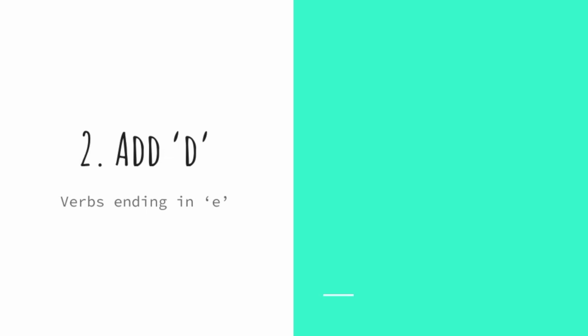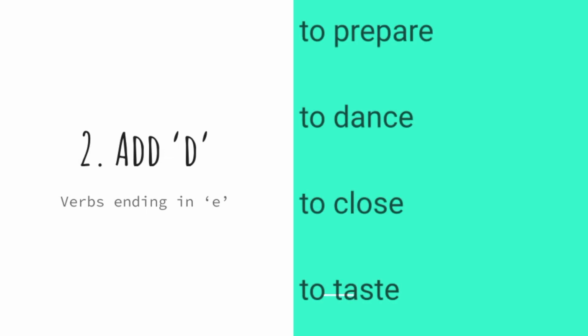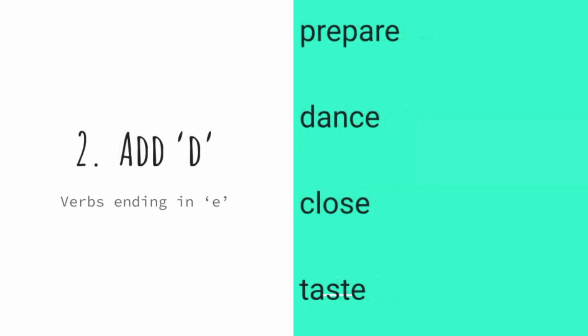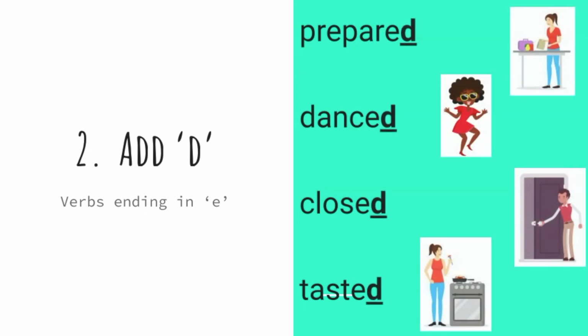These verbs all end with an e. To prepare, to dance, to close, to taste. This time we add just the D. Prepared, danced, closed, tasted. Nice work.